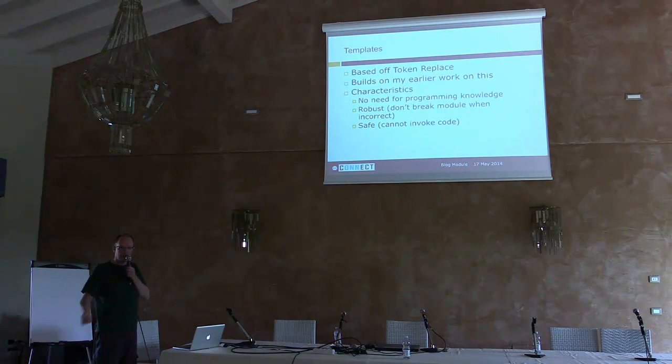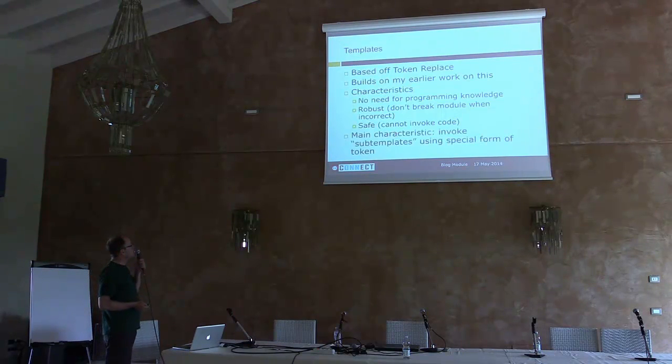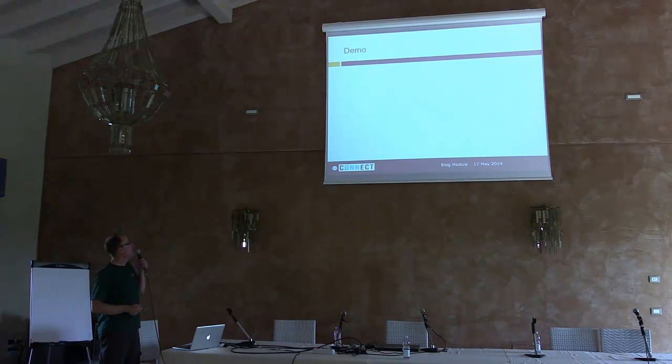You can have regular users edit this because there's no active code being run on the server by the template. And the main characteristic of the whole templating system is a mechanism which I use to invoke sub-templates. So you have a template HTML file basically invoking other HTML templates as sub-templates.